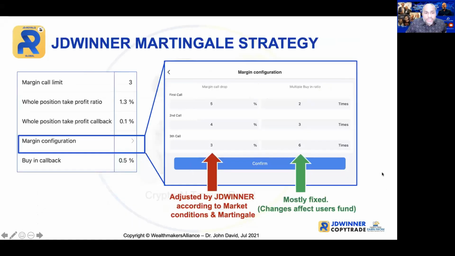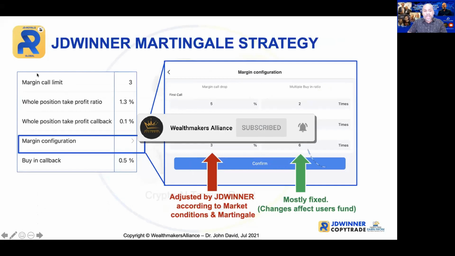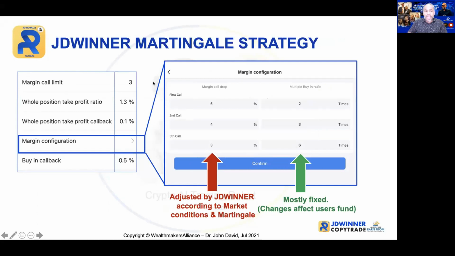Now, if you look over here, you can see if you go into the Royal Quantitative, into your apps, you'll be able to see margin call limit is 3, whole position take profit is 1.3%. In my strategy, after I studied this for about 2 months plus, I always want to take 1% average profit.